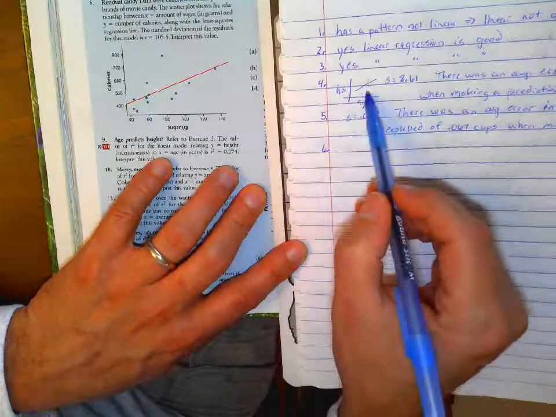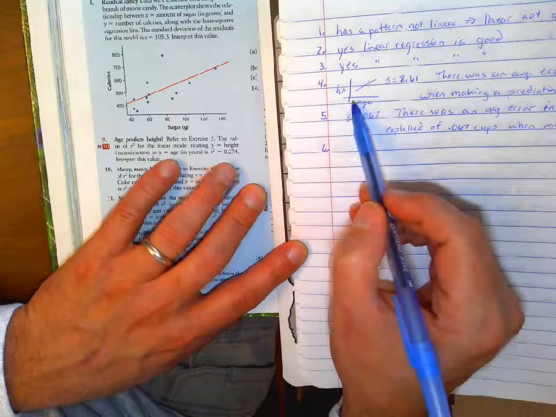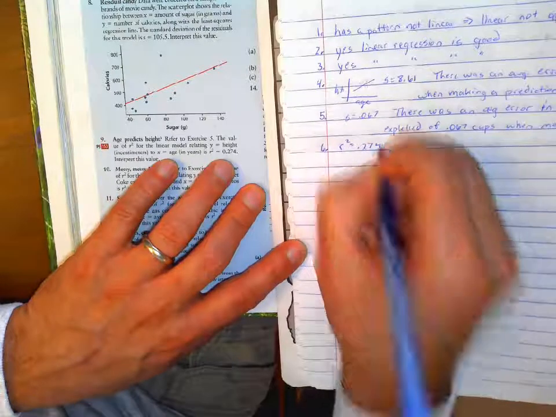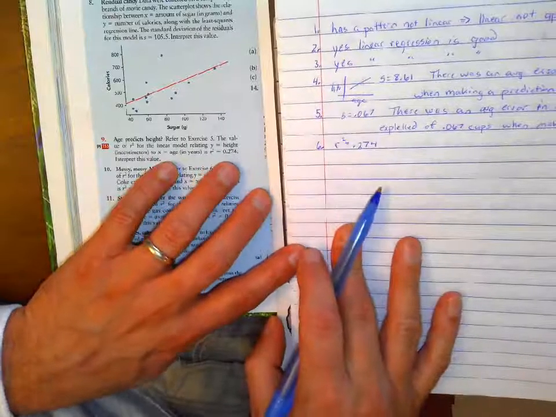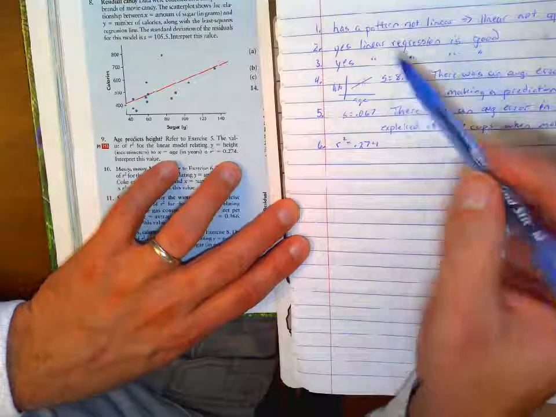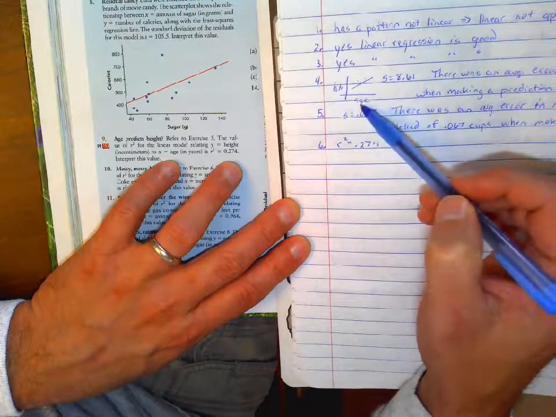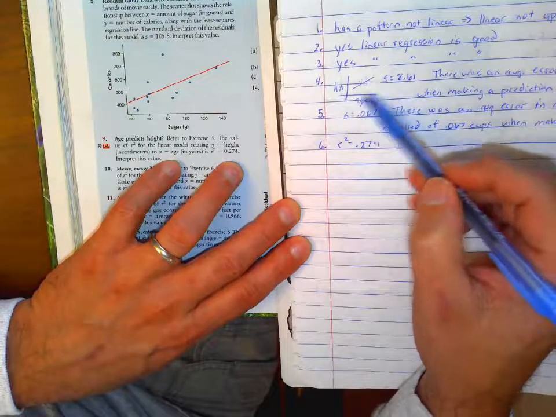This one here, when we talked about height versus age, it gave us an r squared of 0.274. So we're going to interpret that. Basically, the 0.274 is how good is this a predictor of height? Now, there's other things that make predictions of height too.